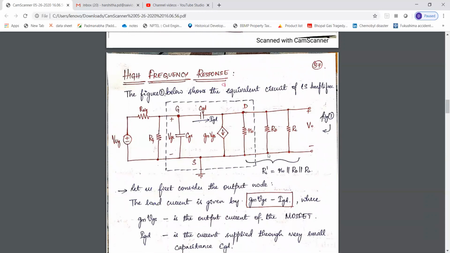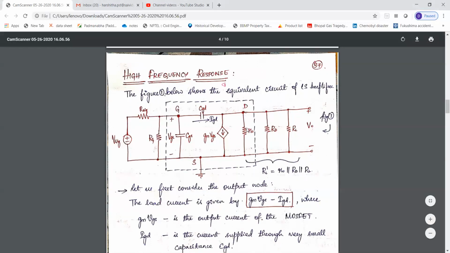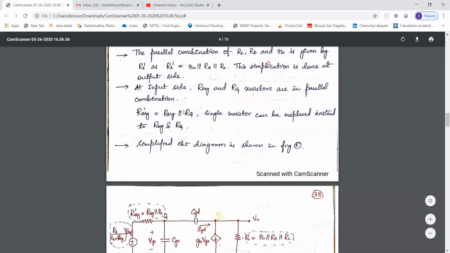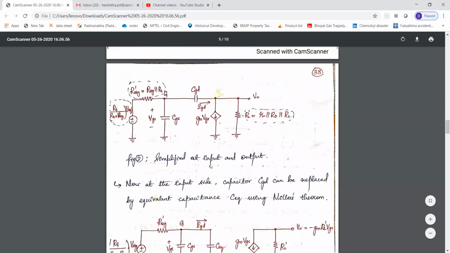This is the equivalent model. I have explained how we write it from the circuit of the common source amplifier. So considering this common source amplifier configuration, we'll write the equivalent circuit here, and then these three resistances in the output side are reduced to R_L dash, a single resistor, and the resistors R signal and R_G that are in parallel are replaced by one single resistor, that is R signal dash, and the equivalent model will be reduced to so much.